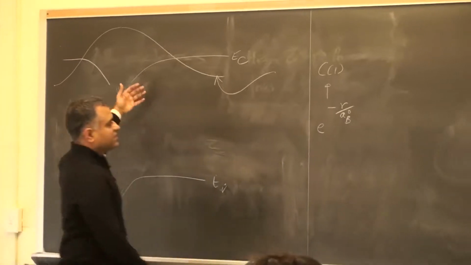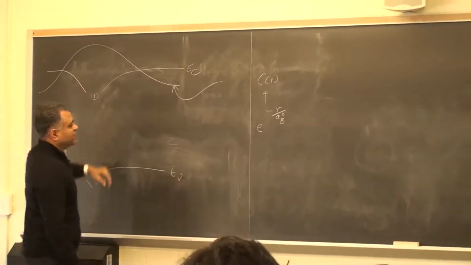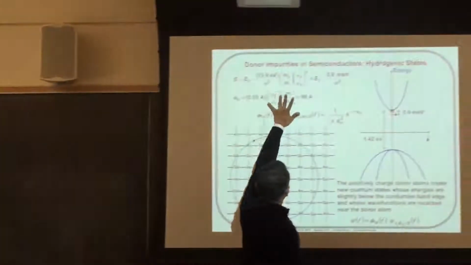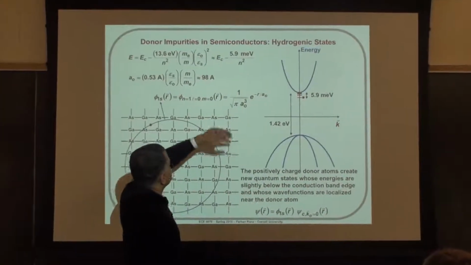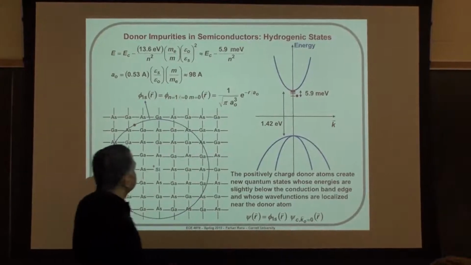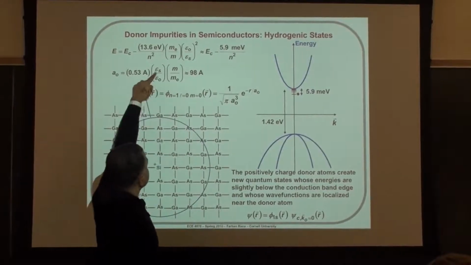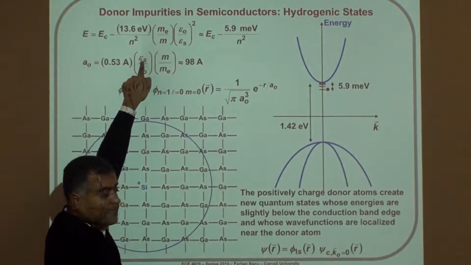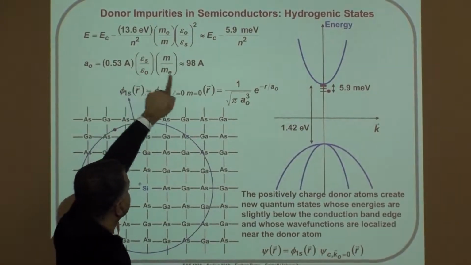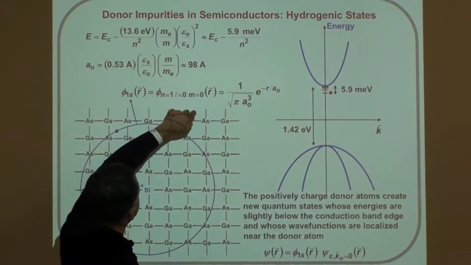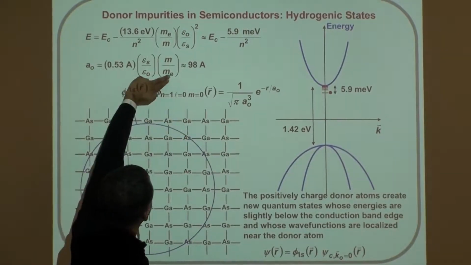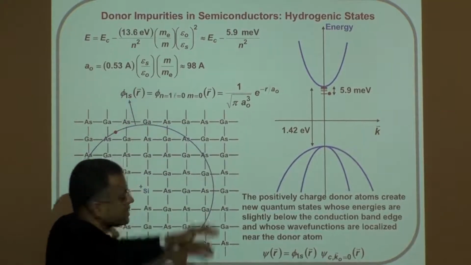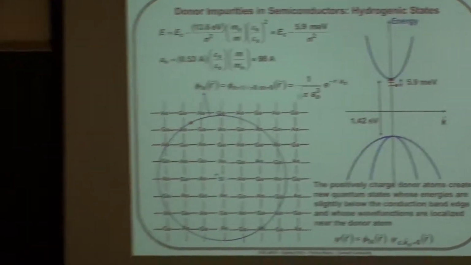But for this donor here, this Bohr radius gets slightly modified, and much larger than the 5 angstrom Bohr radius of a hydrogen atom, because it's sitting in a dielectric material with a dielectric constant that's 10 times that of vacuum. Permittivity 10 times that of vacuum, and the effective mass over the normal mass, that's 0.1, so 100 times longer radius.